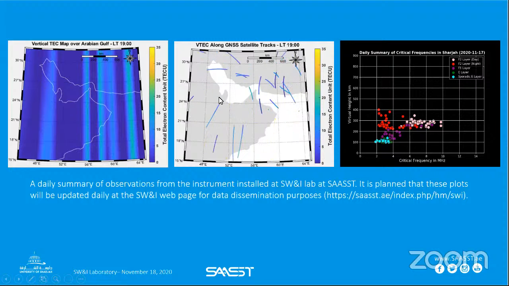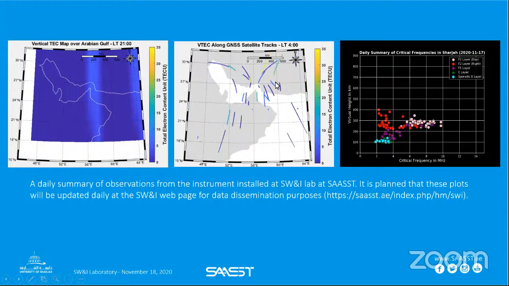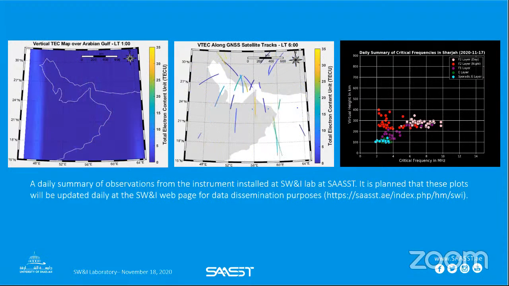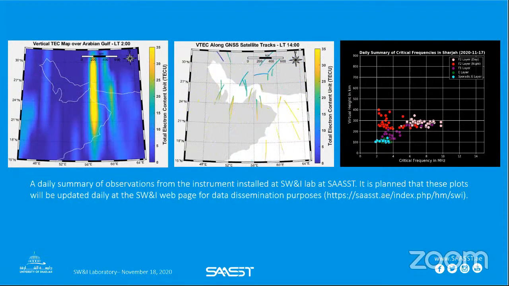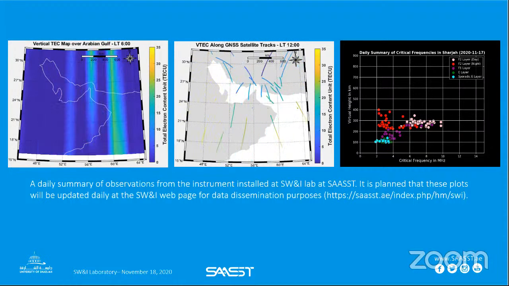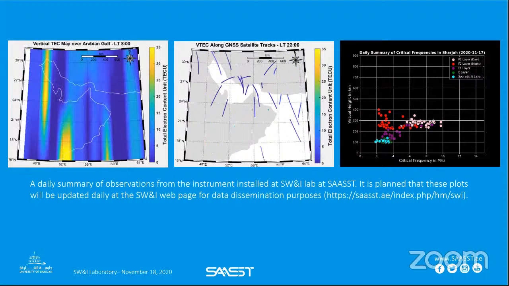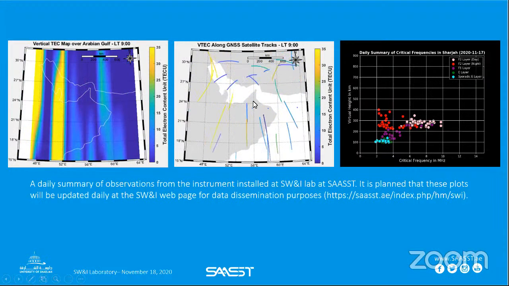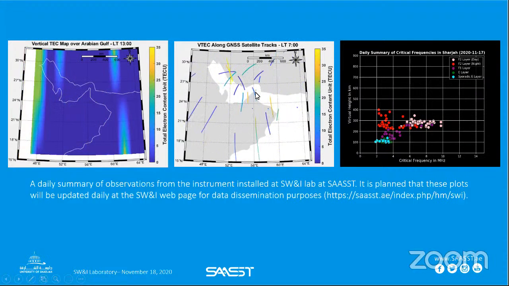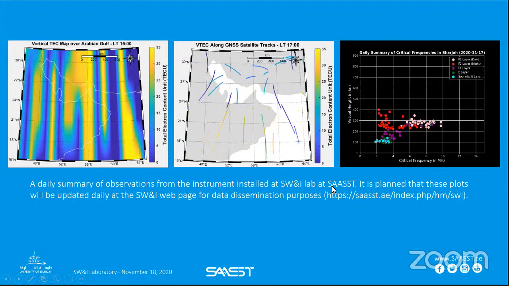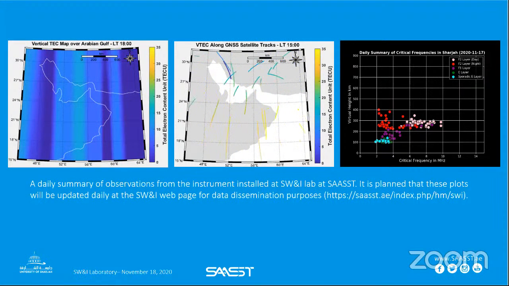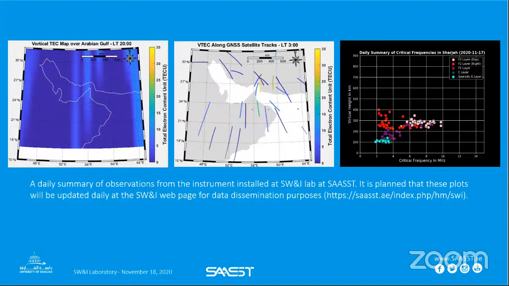The middle plot shows the GNSS satellites flying above the UAE and what they are experiencing in terms of ionospheric disturbances while they are flying over the UAE. Which satellites are seeing high intensity ionosphere and which are seeing low intensity can be told from their color, which changes while flying over the UAE region. The right side plot is the one-day summary of the critical frequencies we have collected through Ionosonde.